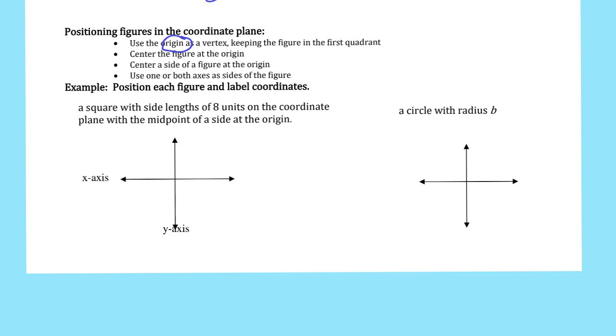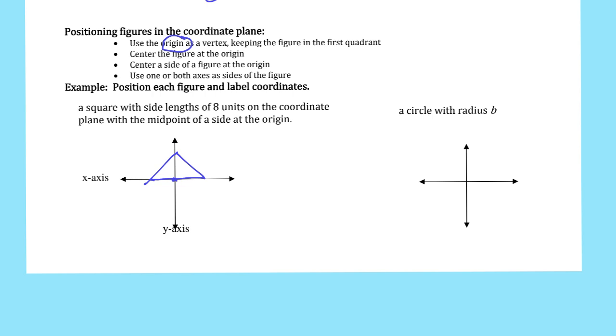And then make a side of the figure close to the origin. Okay. Center a side. So that's a third option. So maybe if you're drawing a shape, you'll put one of the vertices there. The second would be to center the figure at the origin. Okay, so it might be easier to make the middle of it right at the origin.